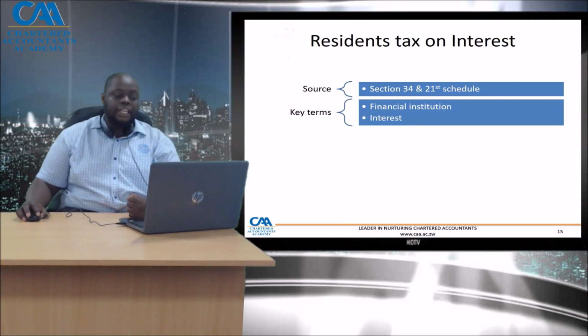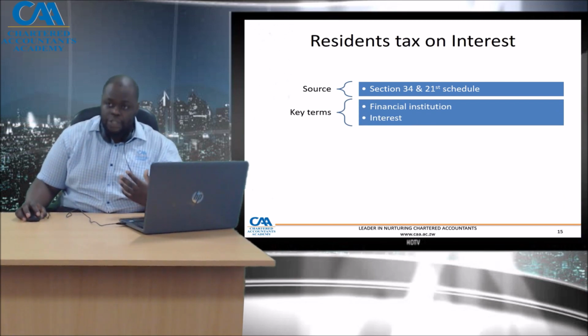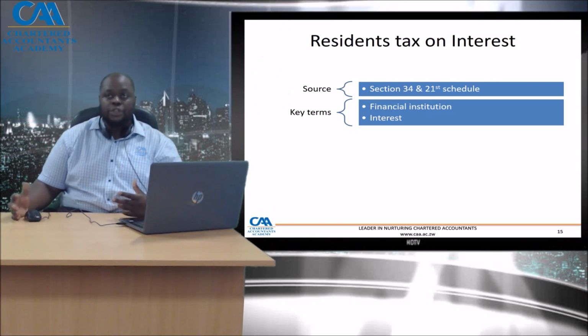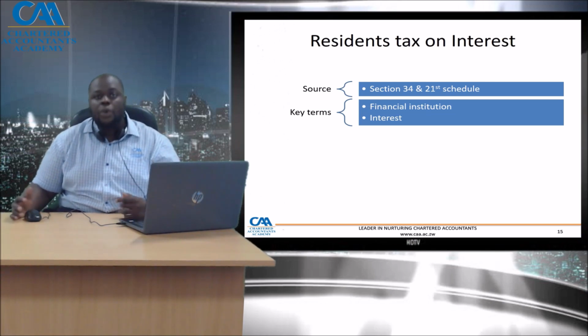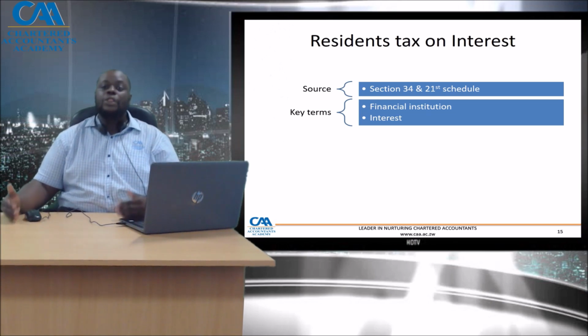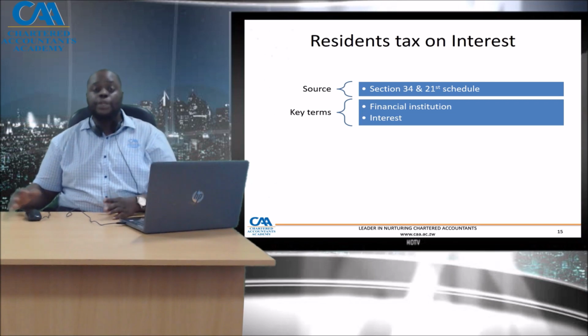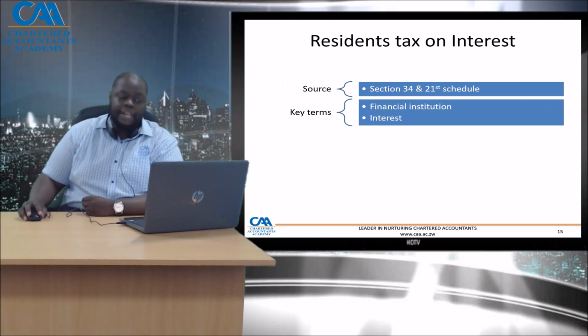The key point again is we need to know which financial institutions are covered under this withholding tax. There are certain financial institutions like your building societies, when they pay out interest, that interest is not withheld because it is specifically excluded from the definition of financial institution.